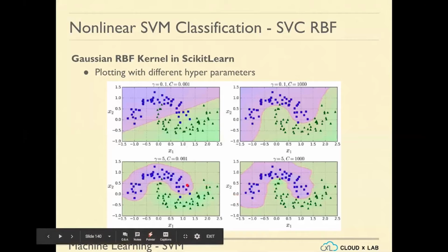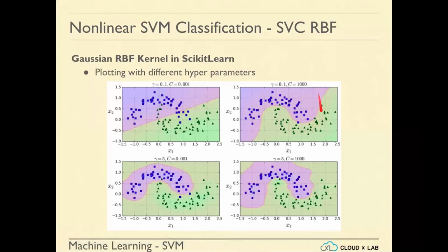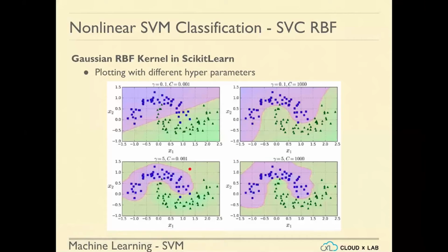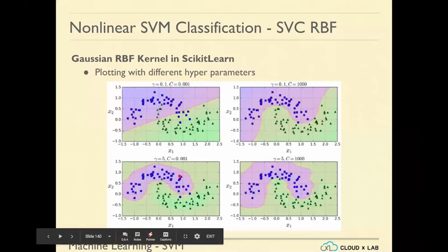But you can also see that between this and this is probably the best out of all of them, because this one is closer to the moon. There were supposed to be two moons, and since it has figured out the boundary for one moon, you can always figure out the second moon. Imagine there is a data point here, that will be classified as the other moon, not this moon.